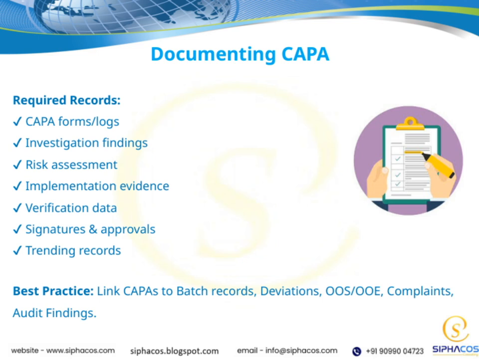A best practice I want to highlight is linking CAPAs to other key records like batch records, deviations, out-of-specification results, complaints, and audit findings. This interconnected approach creates a comprehensive picture of quality issues and helps us ensure that everything is aligned and traceable across our quality system. It's really about creating a seamless flow of information that supports continuous improvement and compliance.